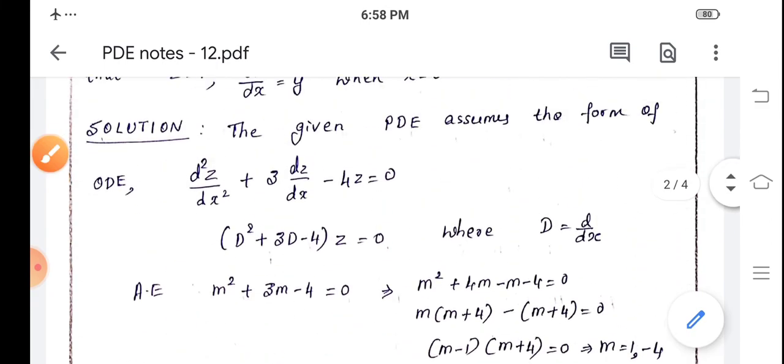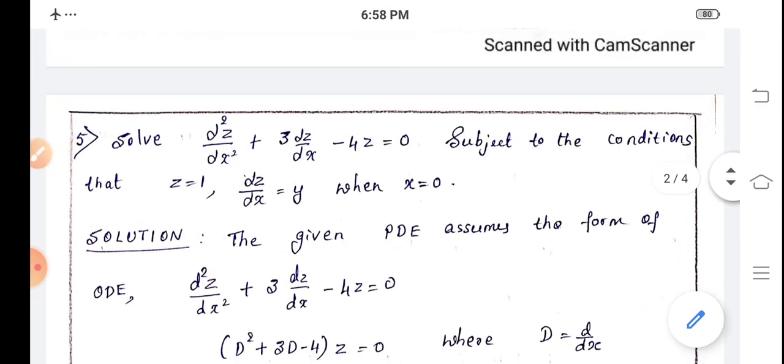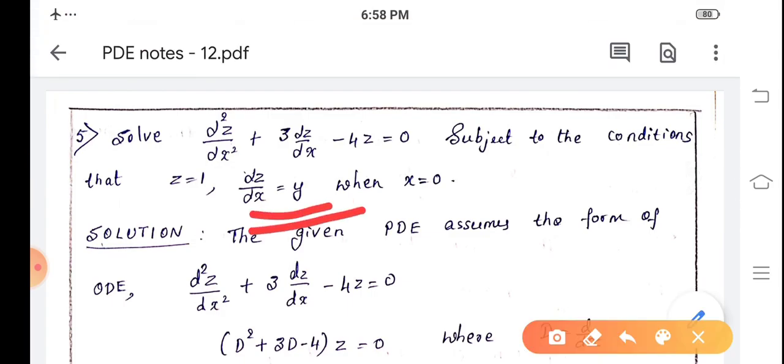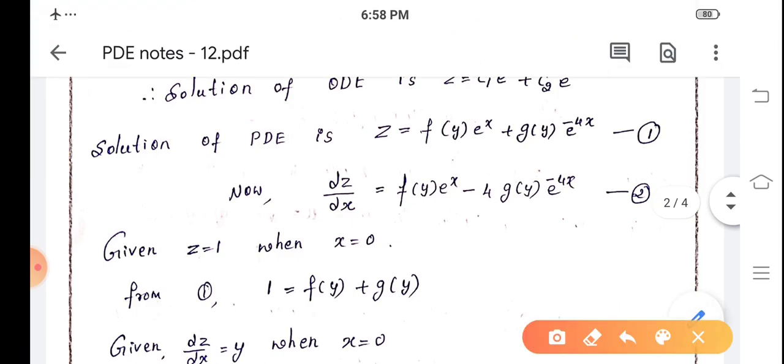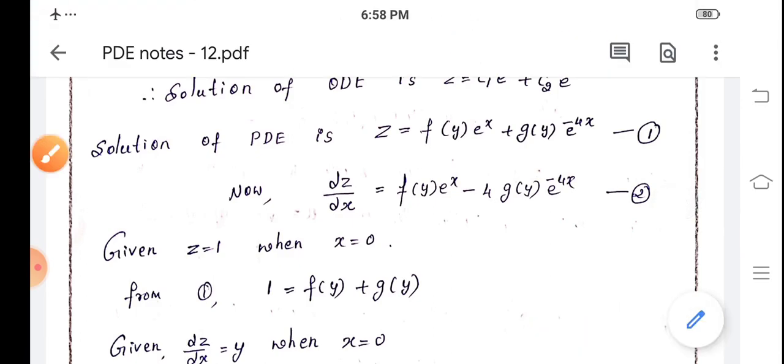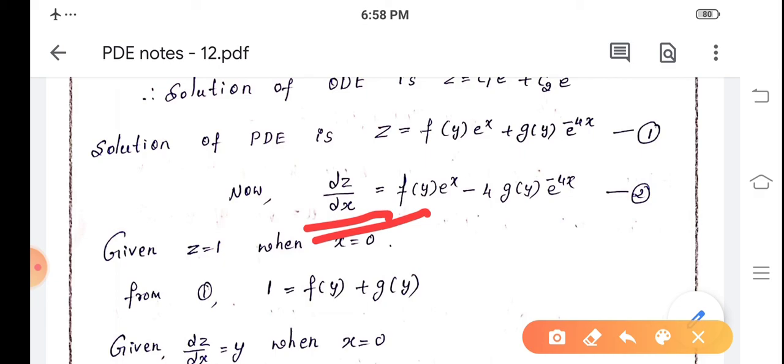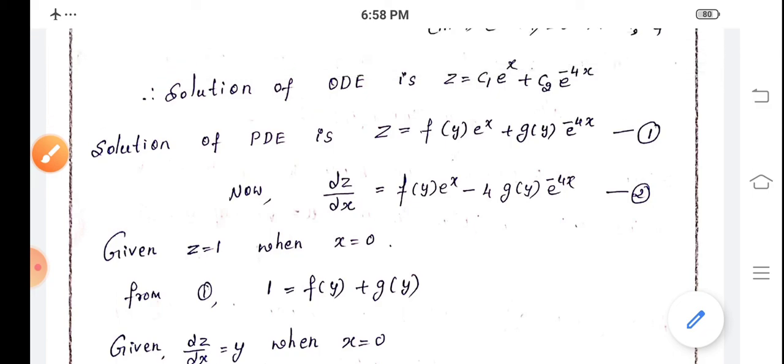And in the problem, we have the initial condition for ∂z/∂x. To substitute this condition, we require the partial derivative of this with respect to x, that will be ∂z/∂x. So differentiating equation 1 partially with respect to x, we write ∂z/∂x equal to, here f(y) is constant, into the derivative of e^x, which will be e^x.